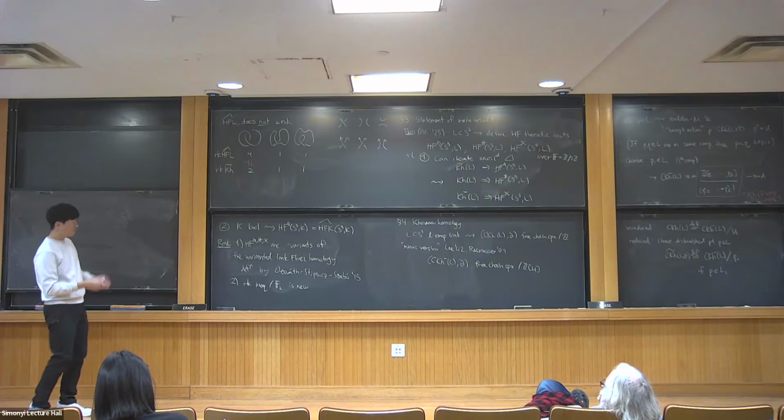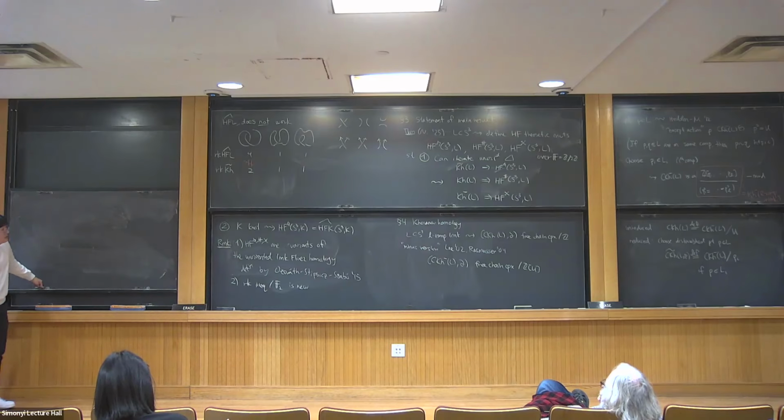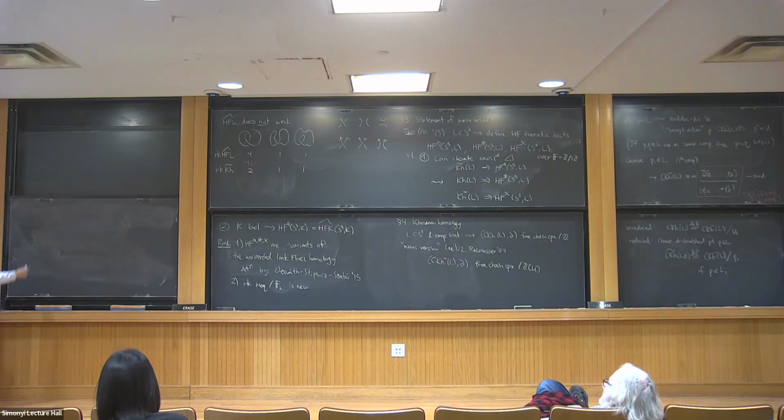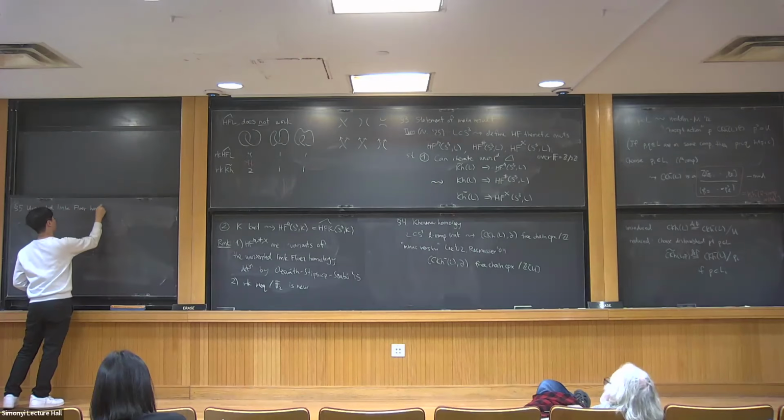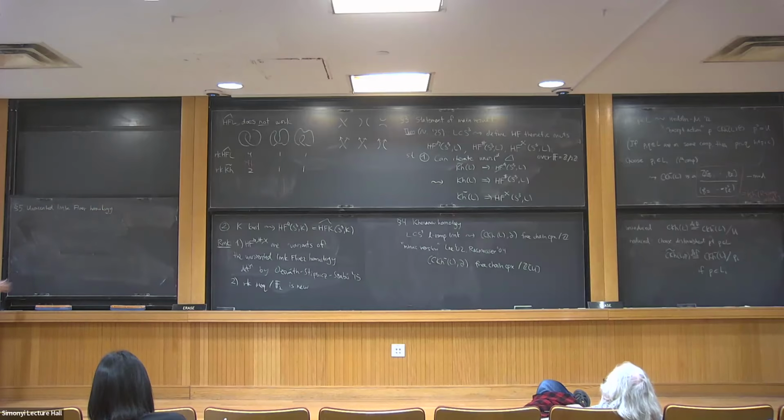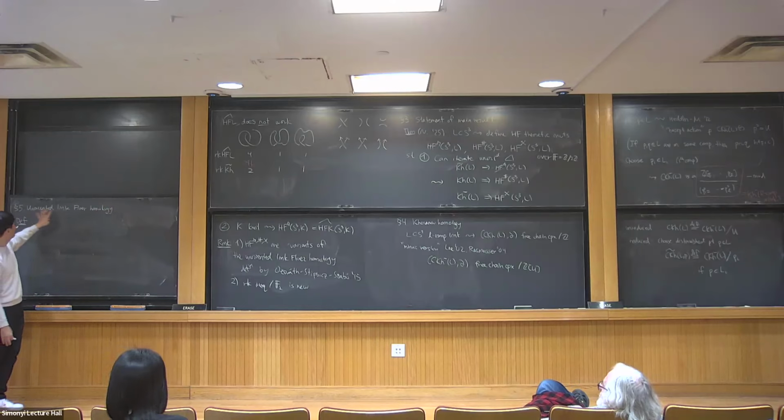Now I would like to define the unoriented link Floer homology groups. But before we actually define them, I would like to set the stage and talk about the most general version of link Floer homology, because our unoriented link Floer homology groups will be defined from them in an algebraic way, an algebraic modification.